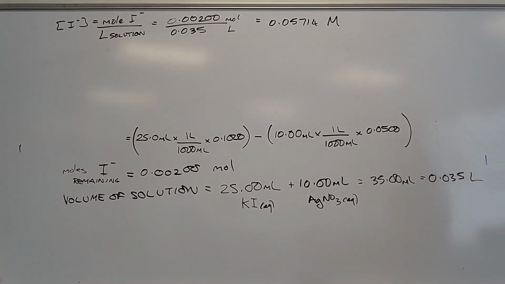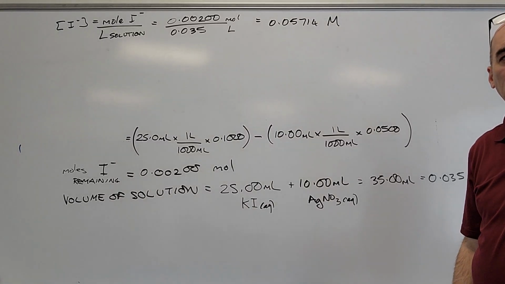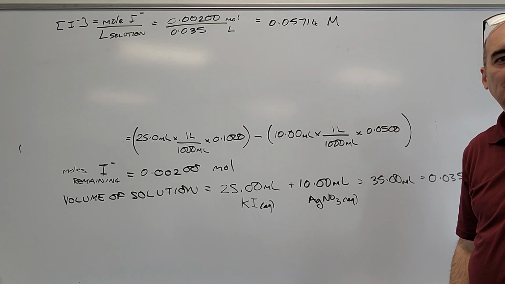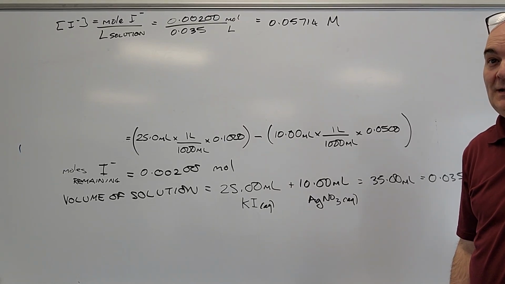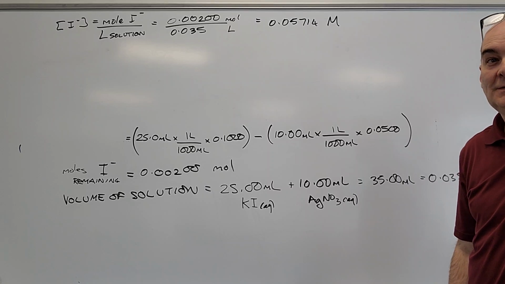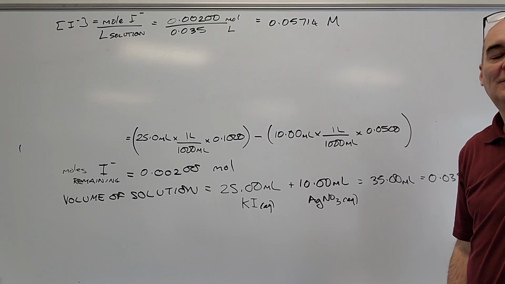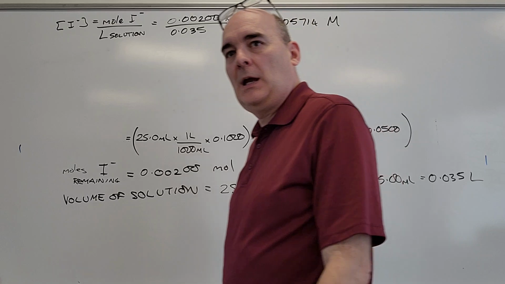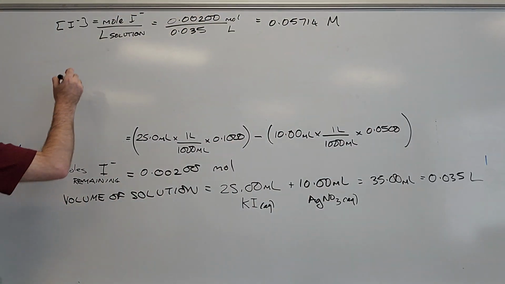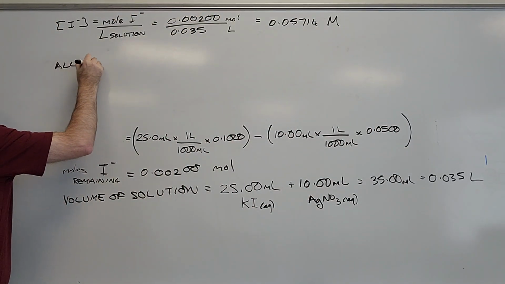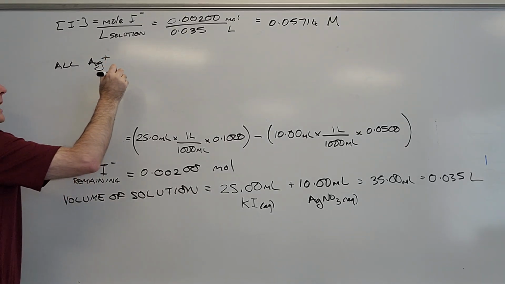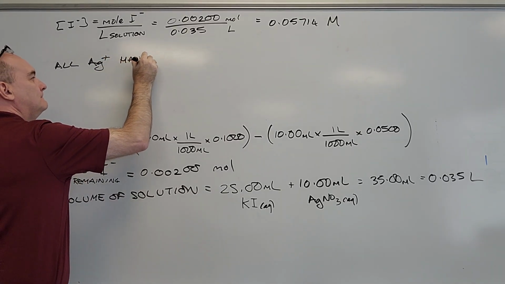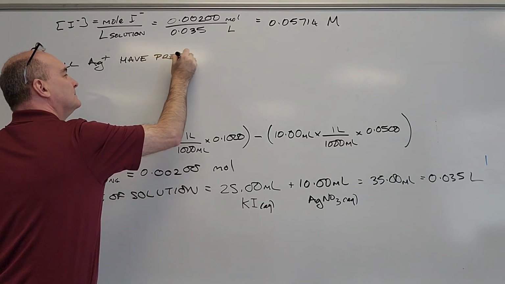Now, how much silver is in solution? It all precipitated. And then what happens? It goes a little bit back, and then it redissolves. Just a tiny bit. How much? So all of the silver ions have precipitated.